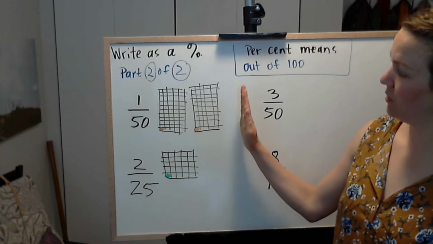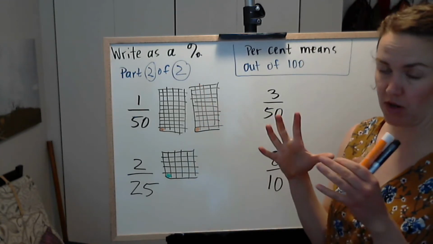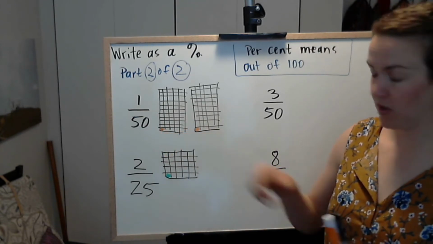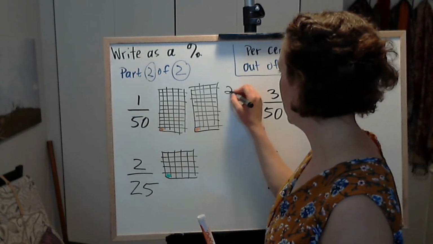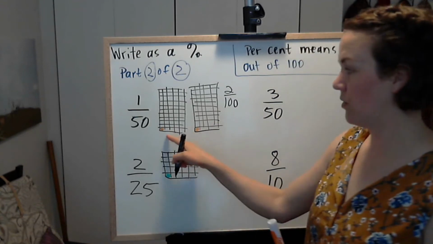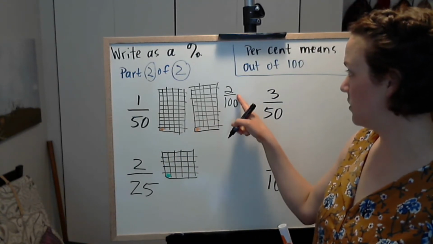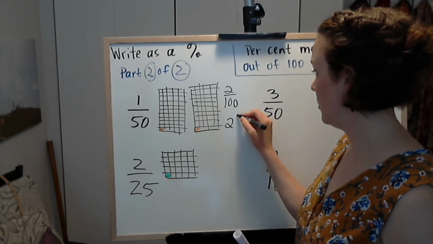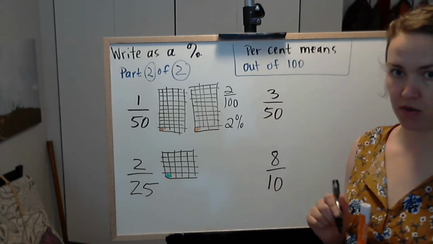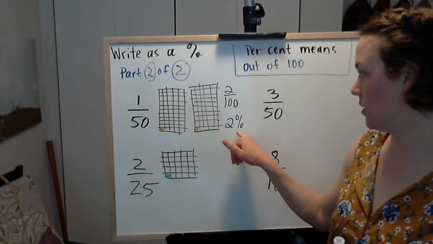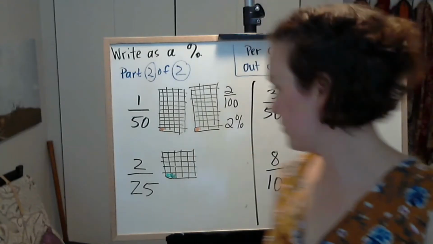And then you can see if you smush these together and made just a 100 grid, you would have 2 out of 100 colored in, and your ratio stays the same. And now 2 out of 100 is 2%, because percent means out of 100. So 1/50th is equivalent to 2%.